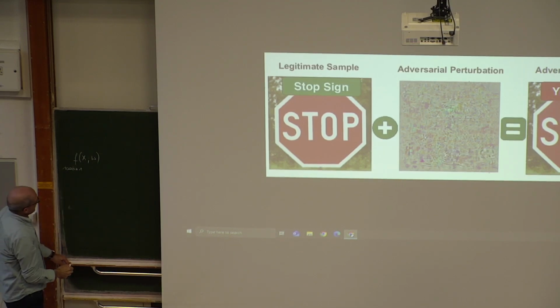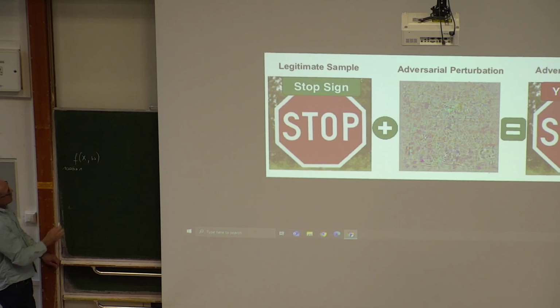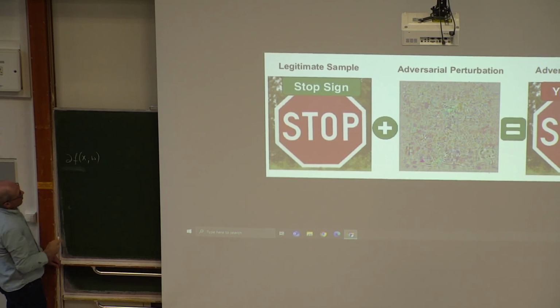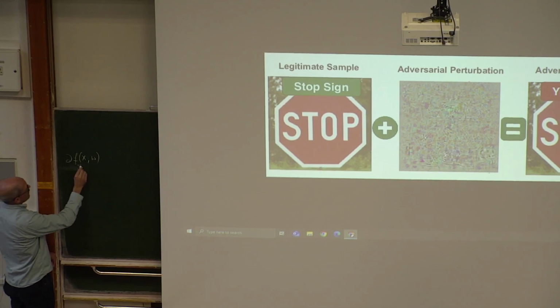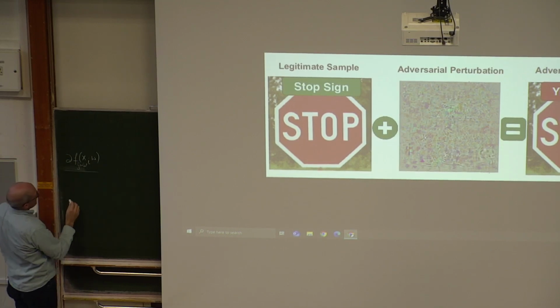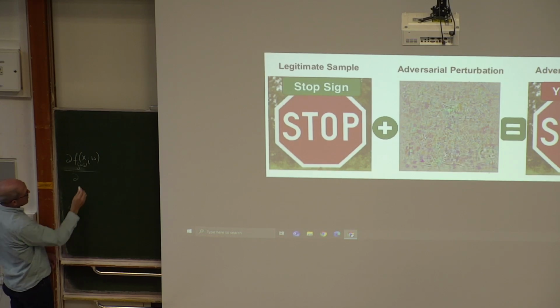And now what we can do is look at the partial derivative of a particular class. Let's say we look at that component of the output which corresponds to the yield sign. And now we evaluate the derivative with respect to, this time, the input.